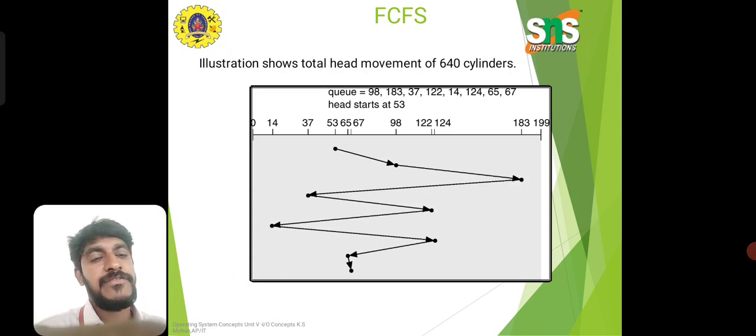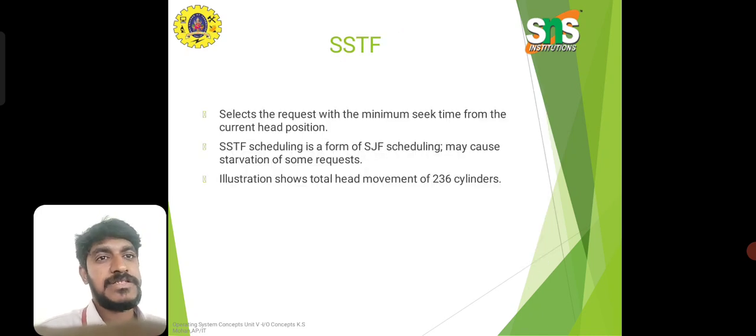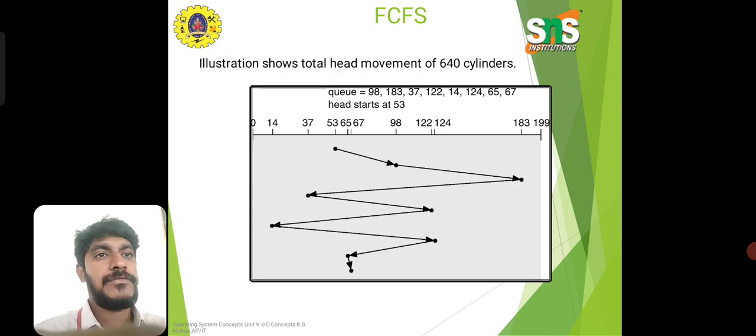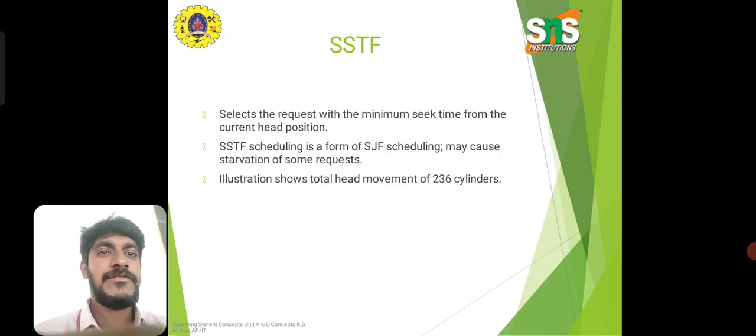First we have FCFS scheduling, which is first come, first served. Then next is SSTF. In SSTF we select the request with the minimum seek time from the current head position. SSTF scheduling is a form of SJF scheduling and may cause starvation of some requests.